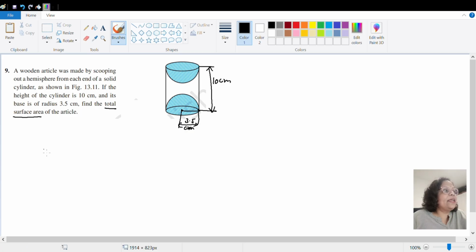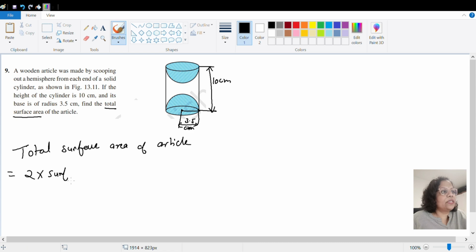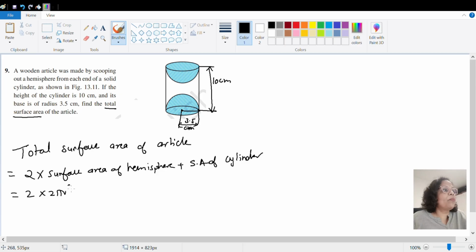So we will write directly total surface area of article is equal to 2 into surface area of hemisphere plus surface area of cylinder, that is 2 into 2 pi r square, and this is 2 pi r h.